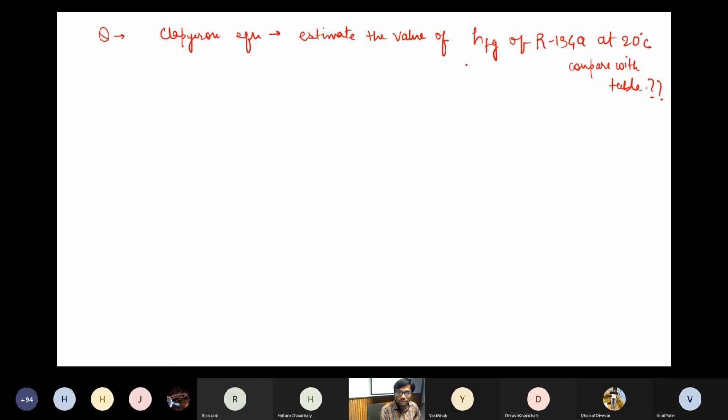So through the Clapeyron equation you have to estimate HFG at this particular temperature and compare it with the table.